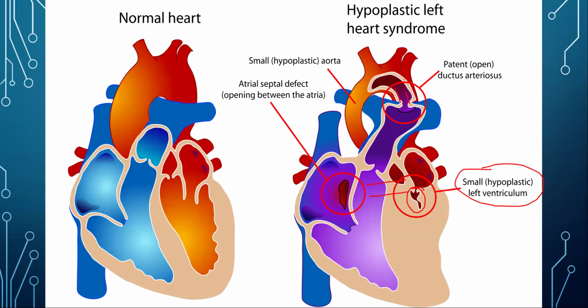Otherwise, because the aorta is not very active at the moment, they need some blood. So the only way to get the blood is if there is a connection between the left atrium and right atrium, and if there is a connection between the pulmonary artery and aorta. So these two are needed for survival.